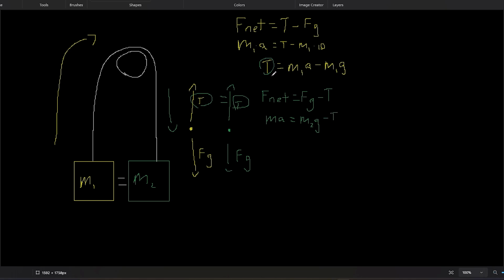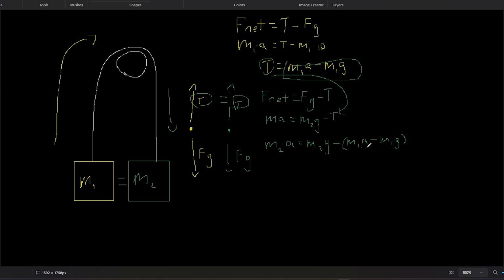And we can plug in this where tension is, and we would get mass 2 times acceleration equals mass 2 g minus this whole strand, minus M1A minus M1G.